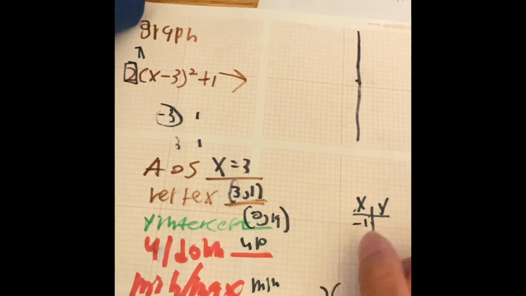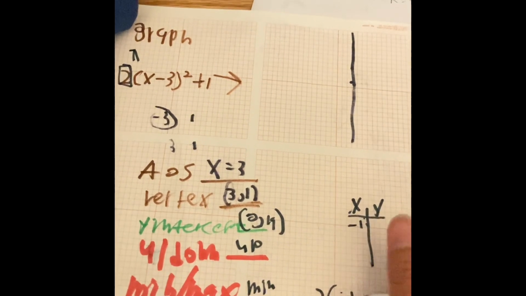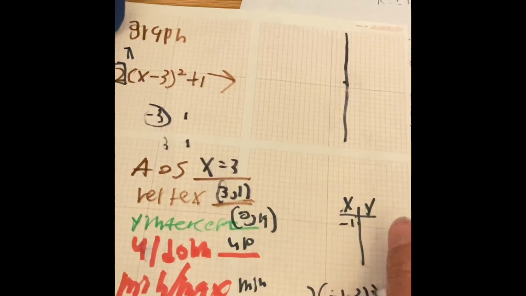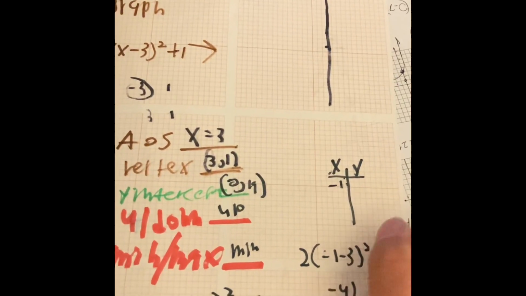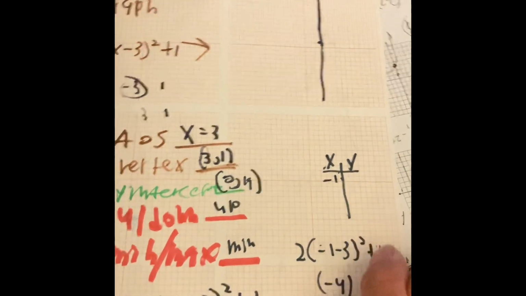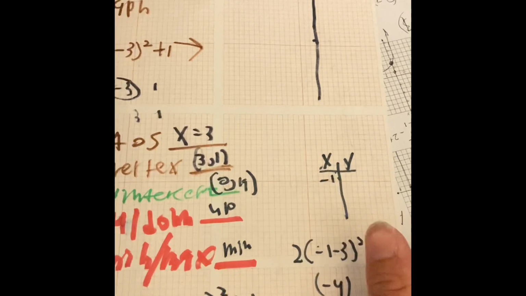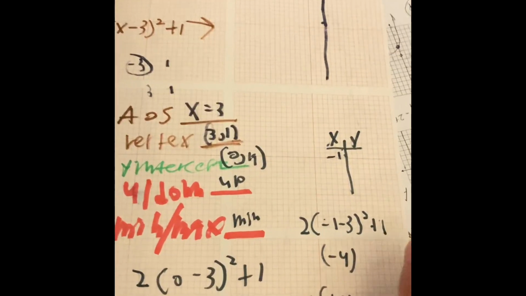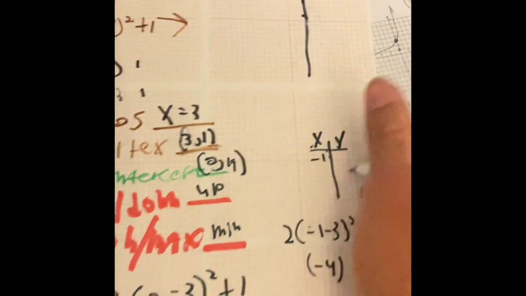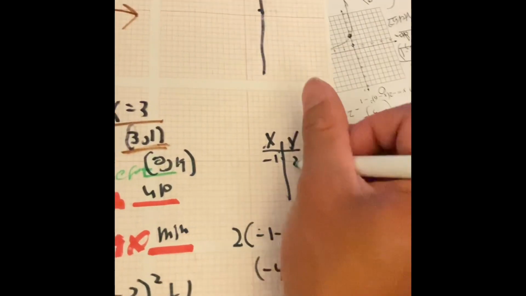So 2 times (-1 minus 3) squared plus 1. So -4 squared is 16. 2 times 16 is 32, plus 1 is 33. So (-1, 33).